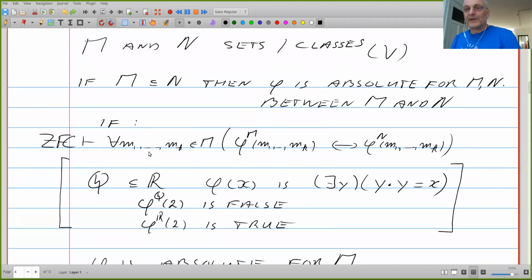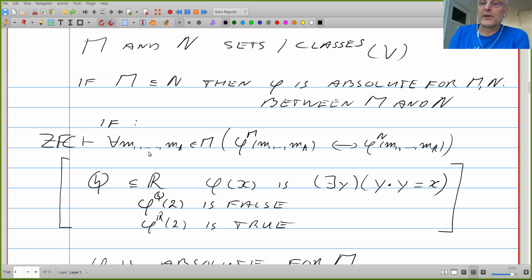There was a comment from Cheng Liao about, doesn't absoluteness mean elementarity? For those who know elementarity from model theory, elementarity means that all formulas are absolute between the two structures. So a smaller structure is an elementary substructure of a larger one if all formulas in the language are absolute between the two.